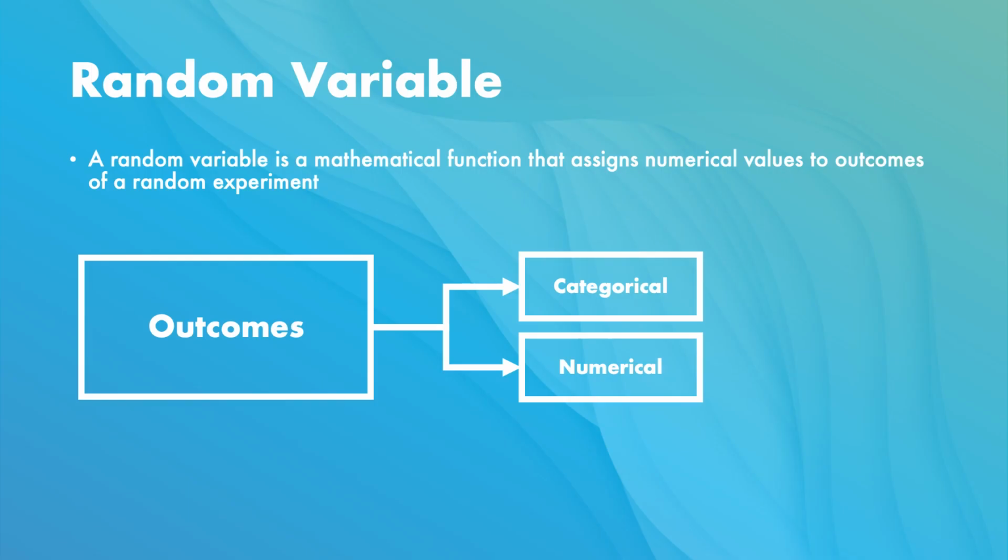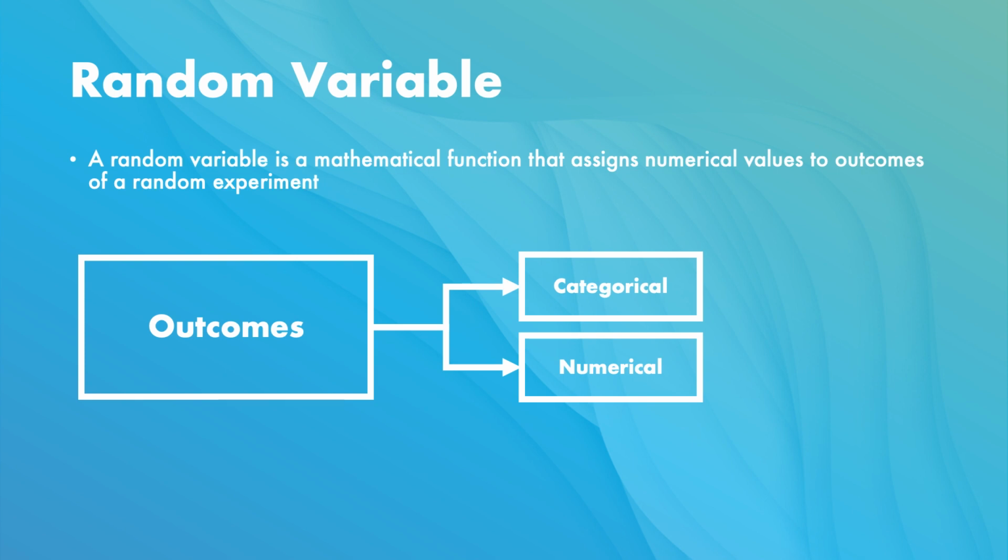A random variable is kind of a tricky concept because we might think that we don't really need it, and it's a mathematical formalism more than anything. But it comes from the need to give names to categorical values. So when you have an outcome of an experiment that is categorical, that is not a number, you need somehow to translate that into a number and then to assign a probability to it.